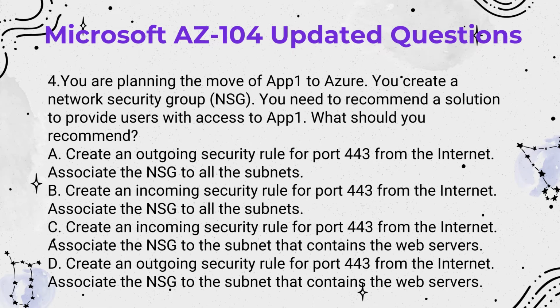Associate the NSG to all the subnets. C. Create an incoming security rule for port 443 from the Internet. Associate the NSG to the subnet that contains the web servers. D. Create an outgoing security rule for port 443 from the Internet. Associate the NSG to the subnet that contains the web servers.